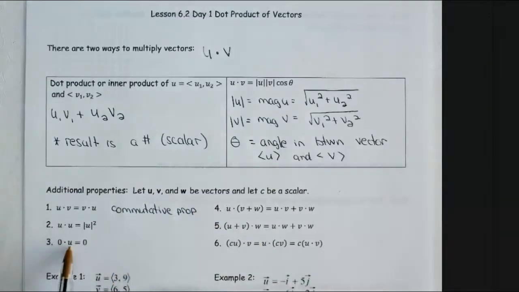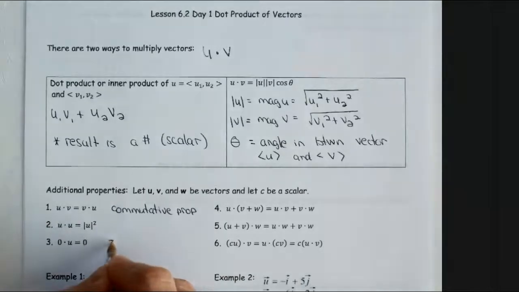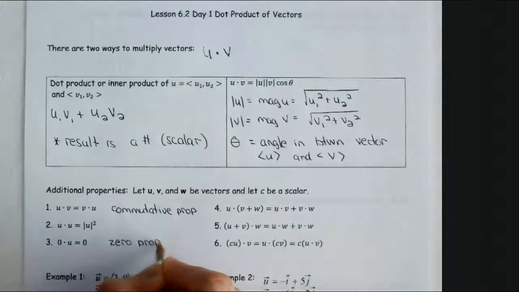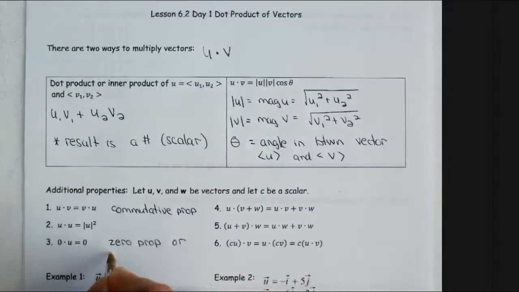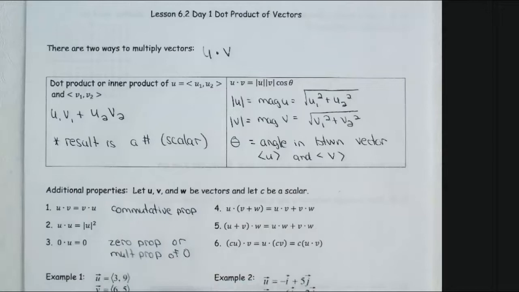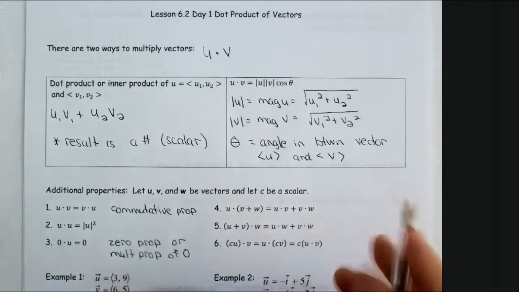If you've got 0 times a vector, that means you end up with 0. We've seen that before. That is the 0 property, or the multiplication property of 0, which says when you take something and you multiply it by 0, you end up with 0. Okay, let's take a look at this one. You've got u times the sum of two vectors, which is u times vector v plus u times vector w.